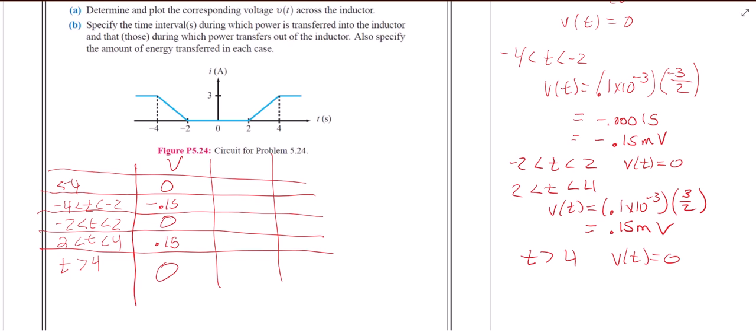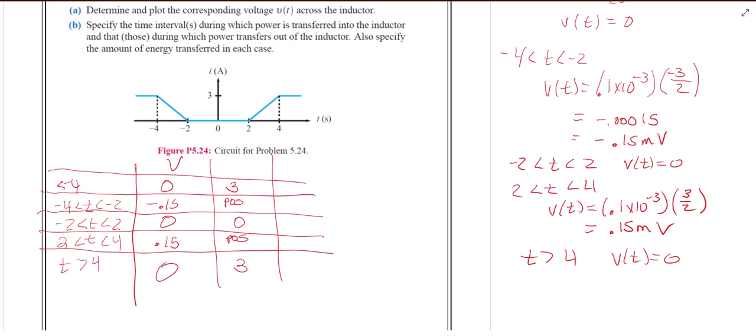Our current, just looking at our graph, for t less than -4 is a value of 3. Greater than 4, it is a value of 3. Between -2 and 2, it's 0. And in between -4 and -2, and from 2 to 4, it's a line. But we can see that it's always positive, and that's going to be what's important here, so I'll just put positive.